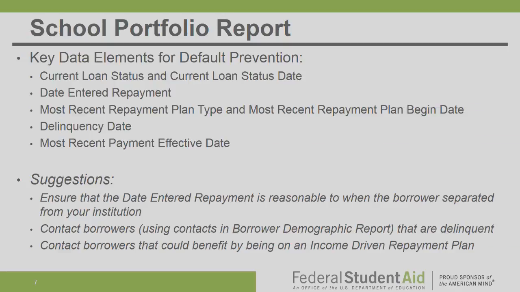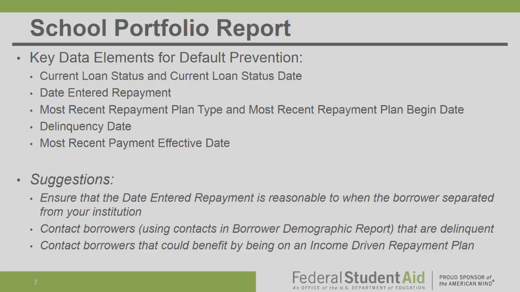These are some of the things you can start to do over time, so that once we get to the draft cohort default rate calculation, you don't have to scramble within the 30-day challenge period. 45 days? 45. If you're proactively looking at this prior to release of cohort default rates, it becomes more manageable instead of doing it right after the rates are released.